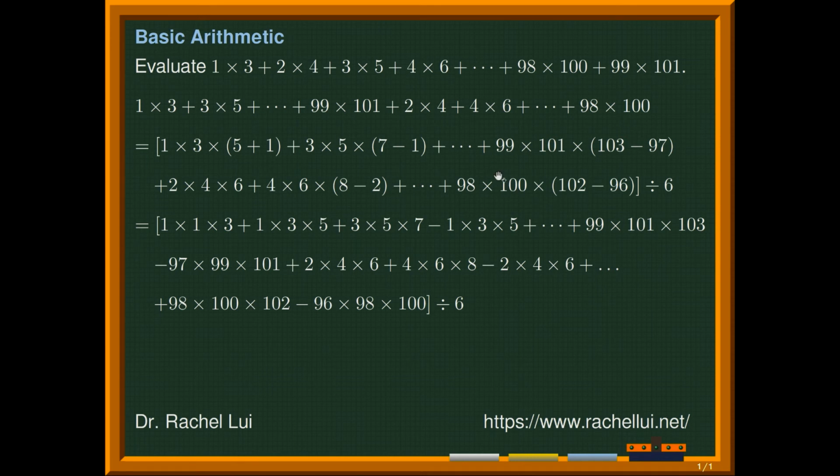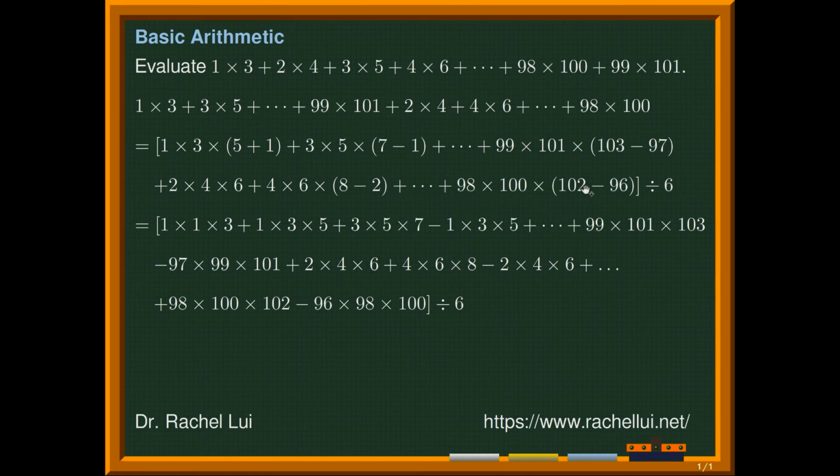Then we have 99 times 101 times 103 minus 97 times 99 times 101 plus 2 times 4 times 6 plus 4 times 6 times 8 minus 2 times 4 times 6 and so on, plus 98 times 100 times 102 minus 96 times 98 times 100.